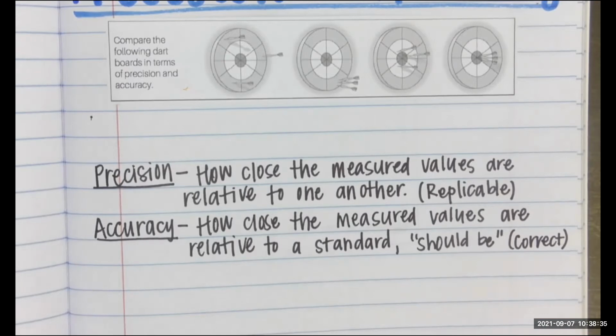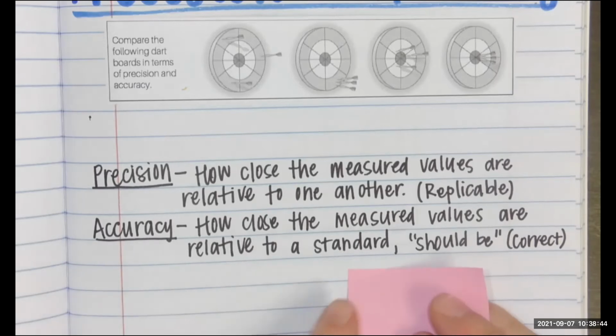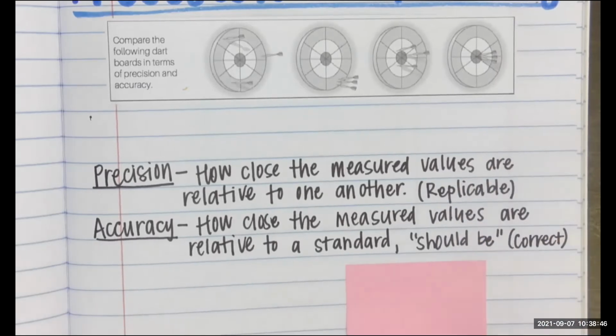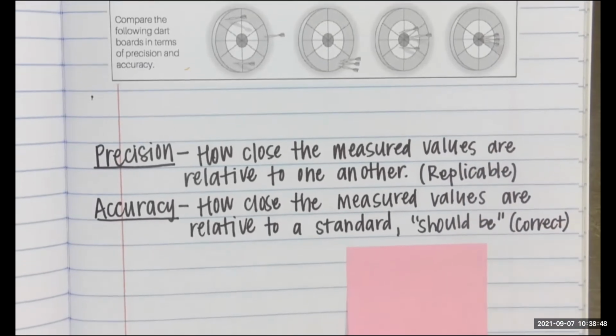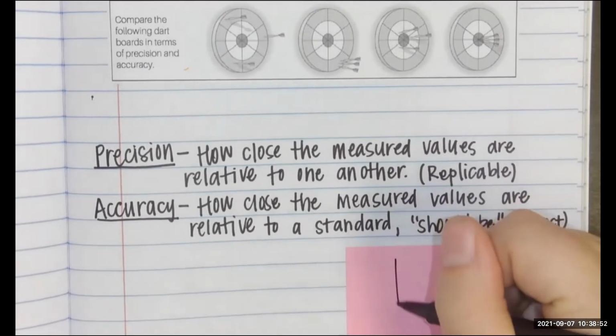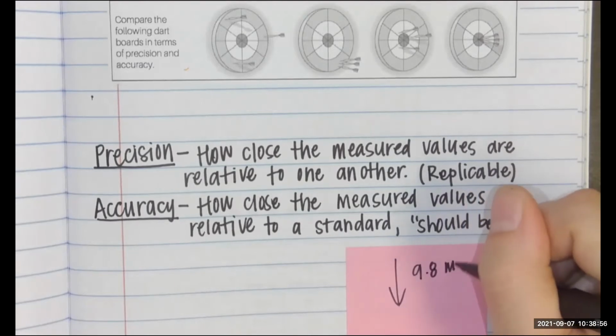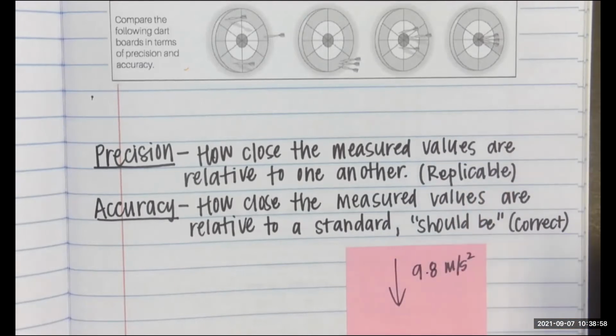For example, gravity, you don't have to write this down, but gravity makes things fall at a certain speed. You can measure it. Physicists in Mr. Dittmer's AP physics class go and measure gravity, and it tells you that gravity makes things fall at 9.8 meters per second squared.